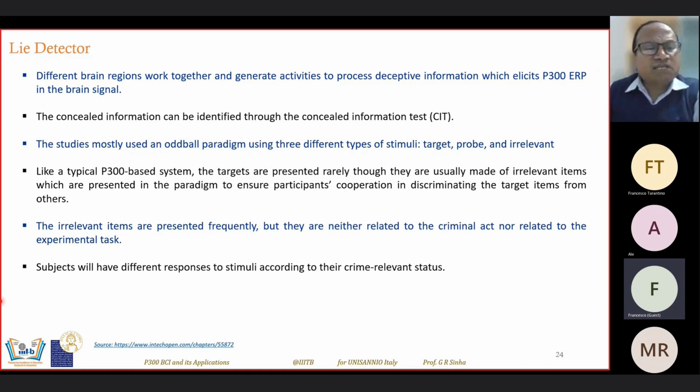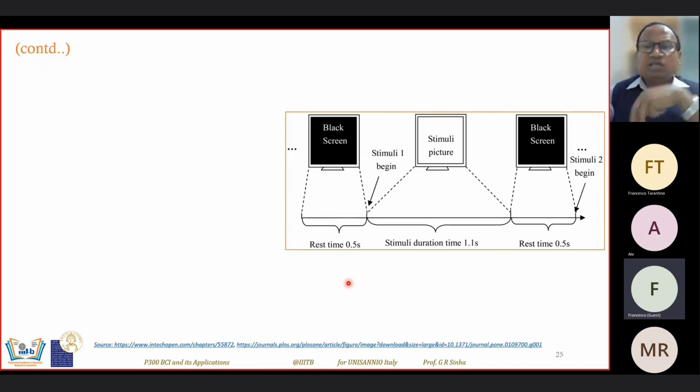Subjects will have different responses to stimuli according to their crime-relevant status. So for all the stimuli, the subject will be responding differently. And this analysis is done, and based on the analysis, the investigation understands whether the person is telling truth or lies.